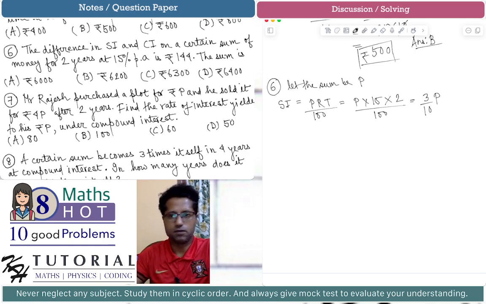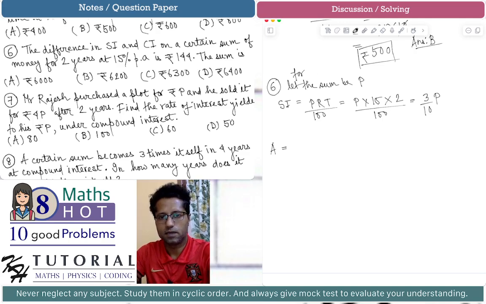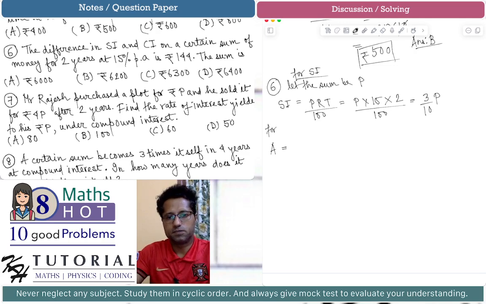Now for the calculation of the compound interest, first let's see what is the amount. This is for SI, calculation of SI. Now for CI, compound interest, since by default it is compounded annually, we can say that U is equal to 12 months.